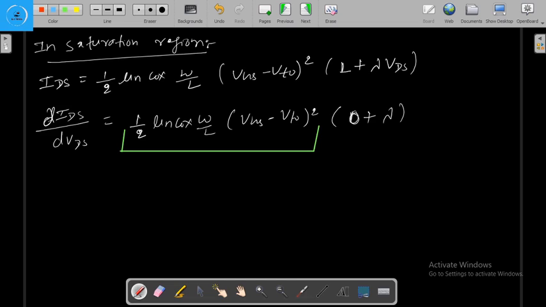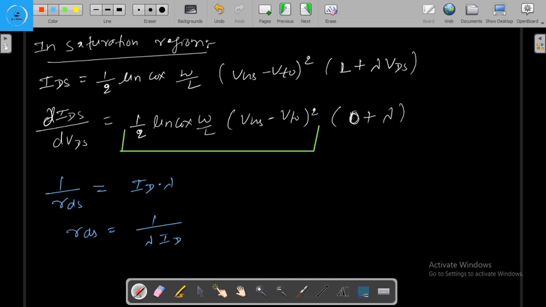This will be equal to 1 upon RDS, the drain to source resistance, and hence it will be equal to ID, without channel length modulation, into λ. So here RDS will be equal to 1 upon λ ID.